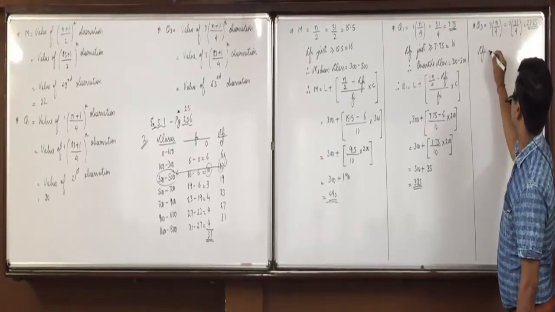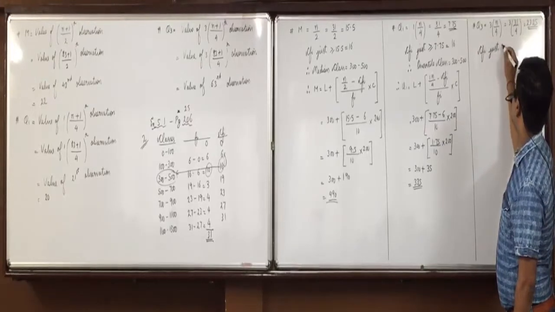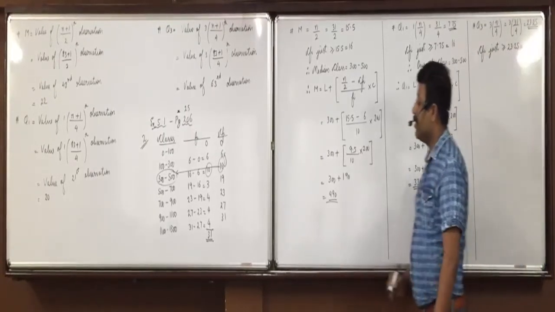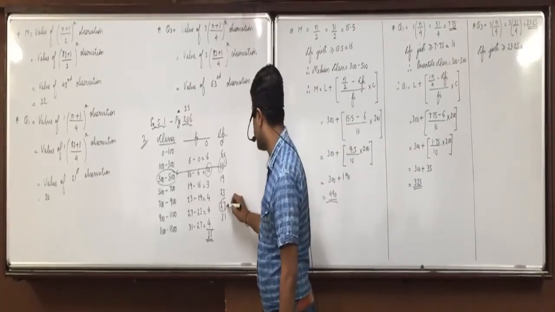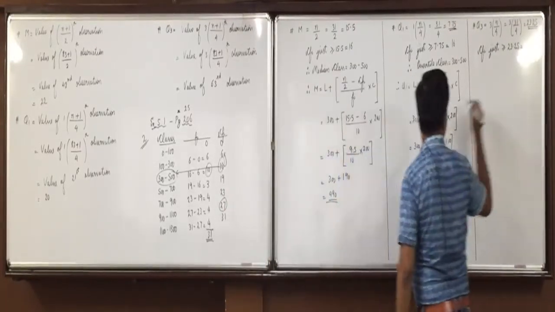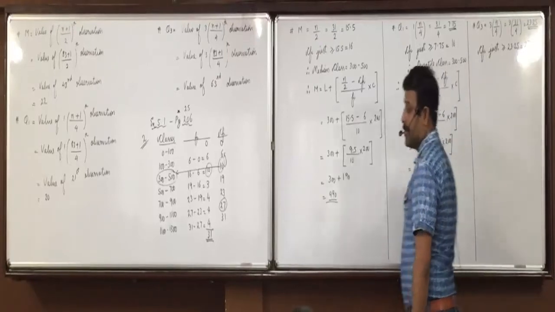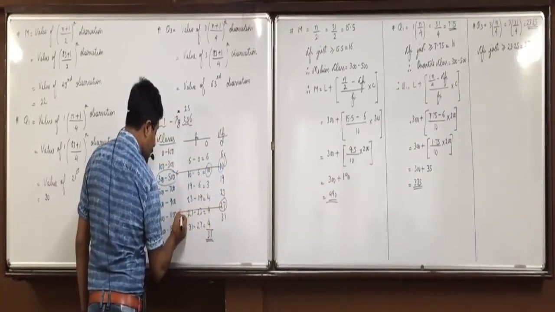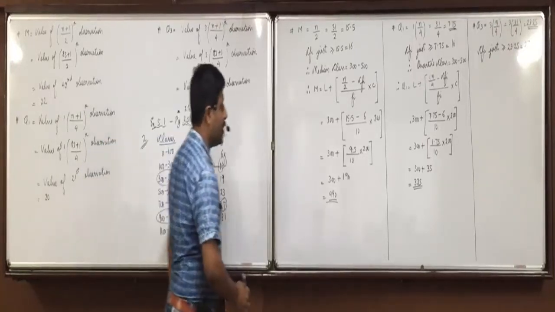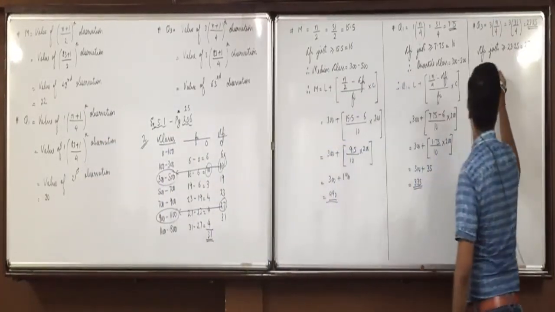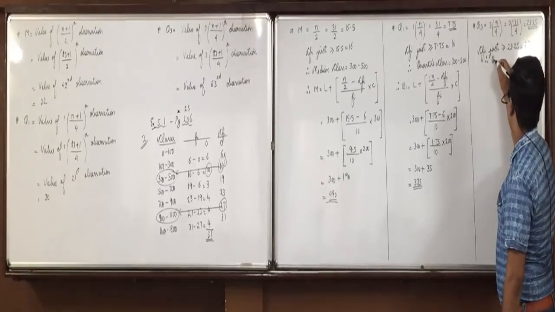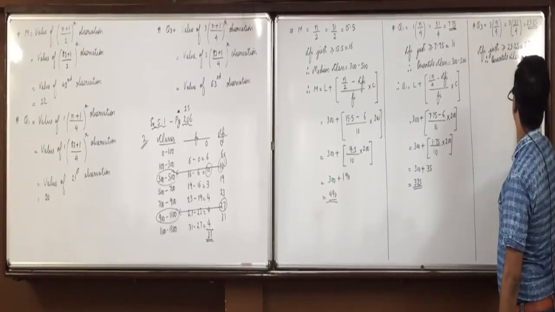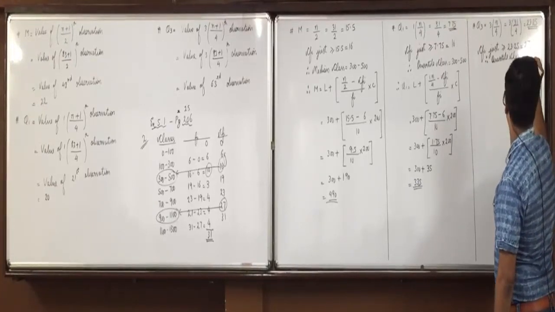Then CFI just greater than or equal to 23.25 is 27. And against 27, the class is 900 to 1100. Quartile class is 900 to 1100.